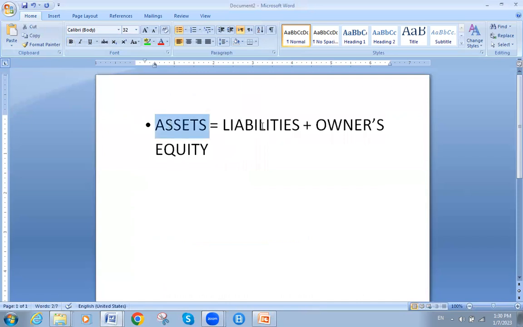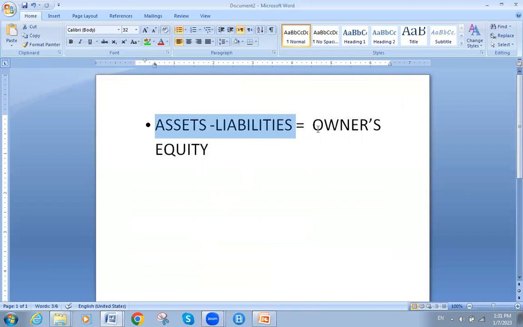If assets equal liabilities plus owner's equity, and you want the owner's equity to be alone, take the liabilities to the other side with a different sign. So the liabilities will be minus, and owner's equity will equal assets minus liabilities. That's what we said in the previous lecture.